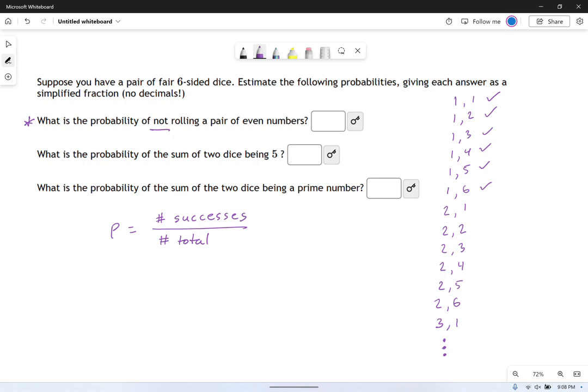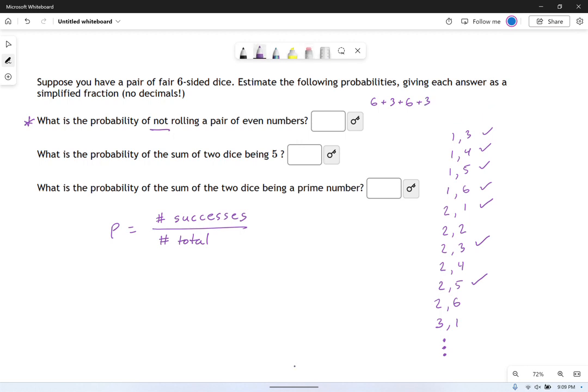Now with 2, I only have a few successes. That one, 2 and 3, 2 and 5. See, there's only 3 successes in the 2s. In the 3s, there's going to be 6 successes. In the 4s, there's only going to be 3 successes. So for this one, here are my odds. It's going to be 6 for the 1s, 3 for the 2s, 6 for the 3s, 3 for the 4s. I need a little room here.